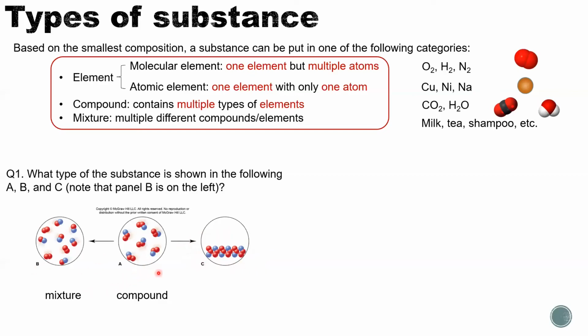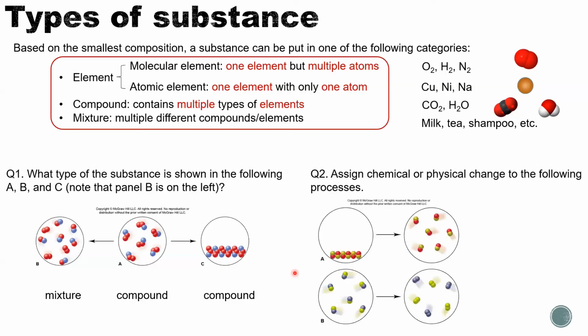Okay, so in C, if you cut it into repeated pieces, you can see it's actually the same thing. Each column has the same thing, 2 red balls and 1 blue ball. The orientation may be different, but it's the same thing. So C is a compound. It's also a compound in the solid phase.